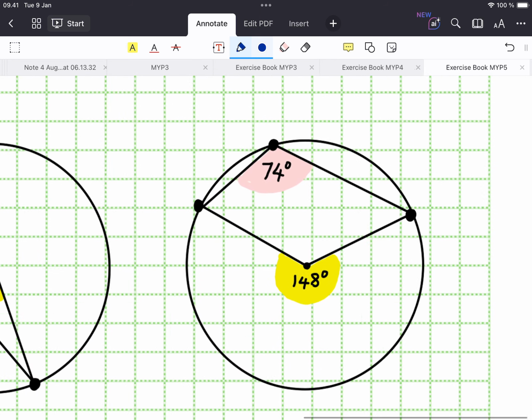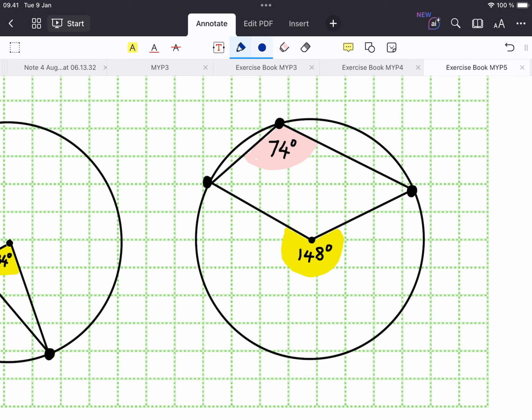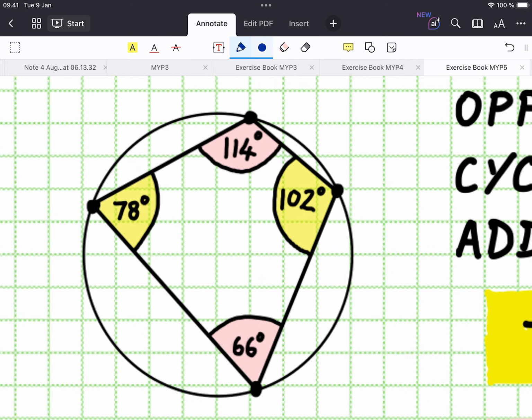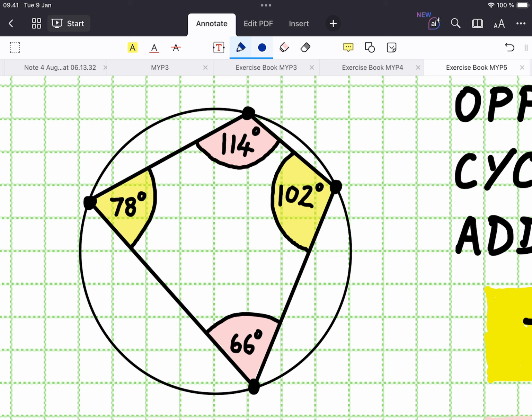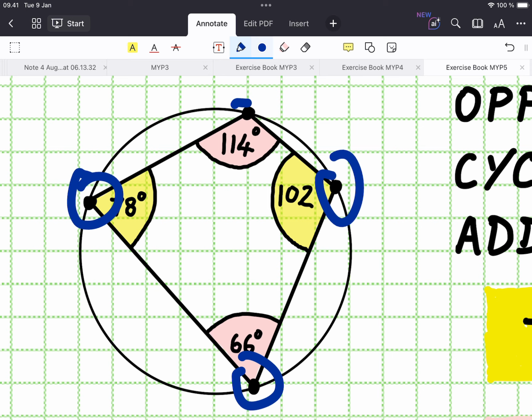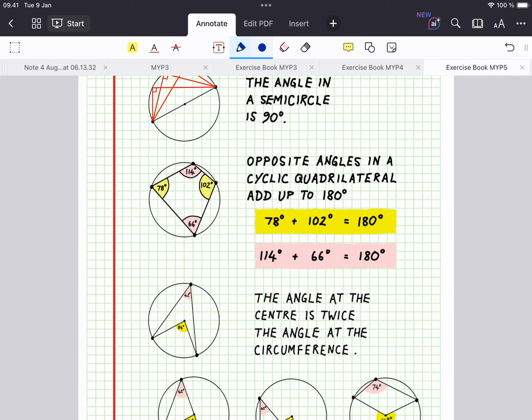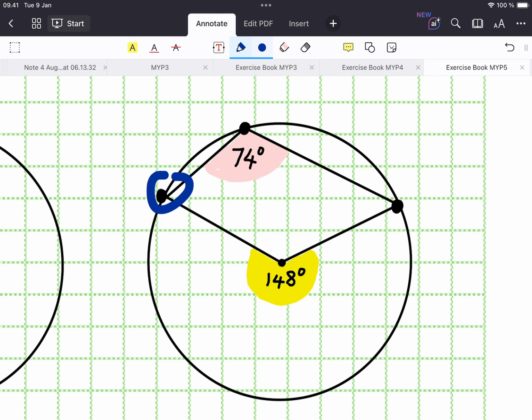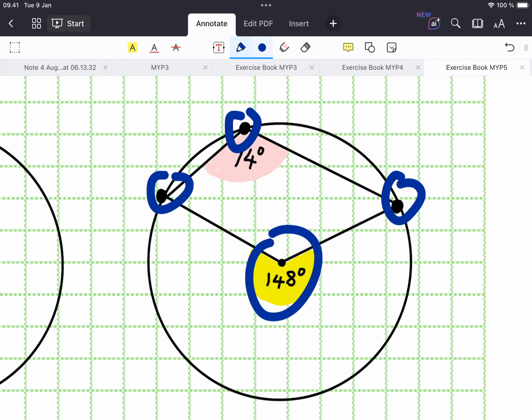And because this kind of looks like a quadrilateral, then you might get confused with what we talked about before, which was cyclic quadrilaterals. So these cyclic quadrilaterals have got all four vertices on the edge of the circle, but this one here only has 3 vertices and then 1 vertex in the middle.